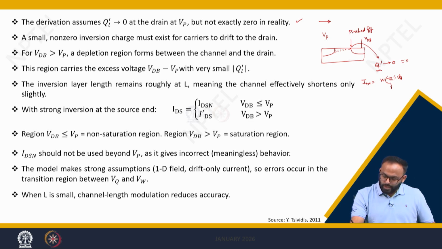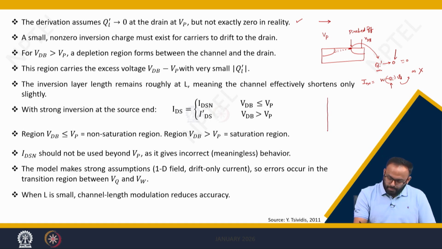If Qi goes to 0, it means to maintain a constant current in that region, drift velocity goes to infinity. This is not possible. You cannot expect an infinite drift velocity of inversion charges or the electrons, right, and hence there is a finite inversion charge present here, which is not 0.